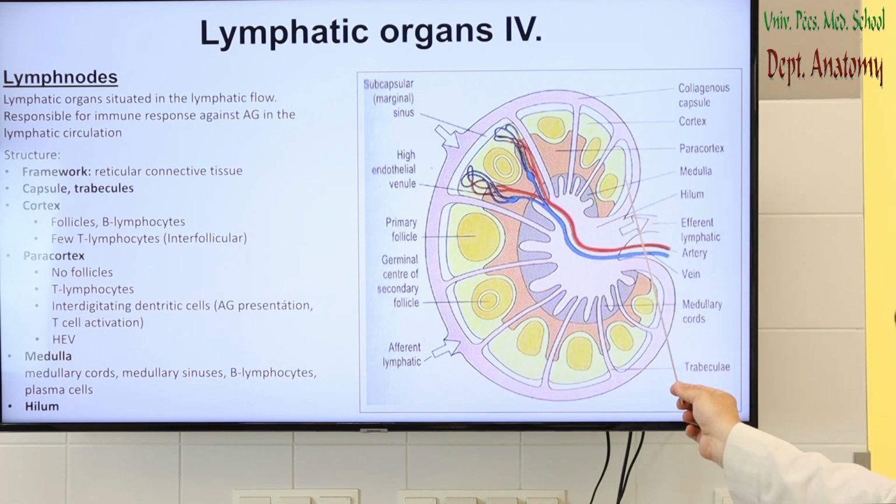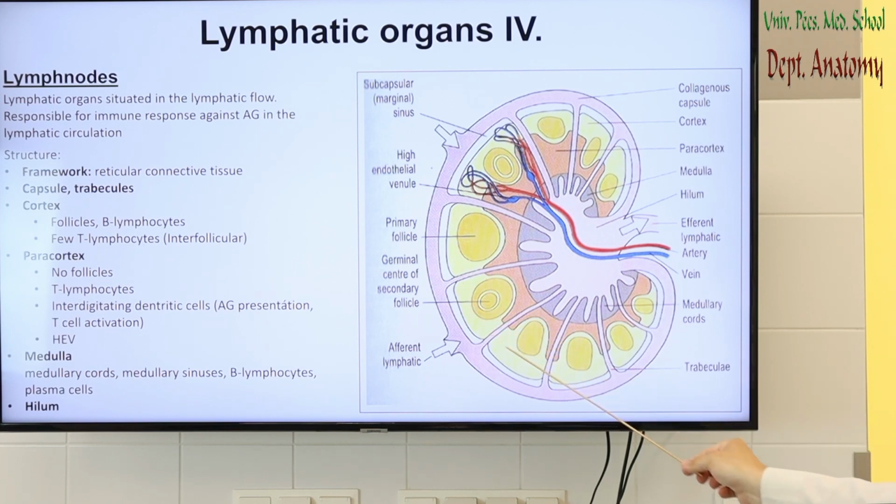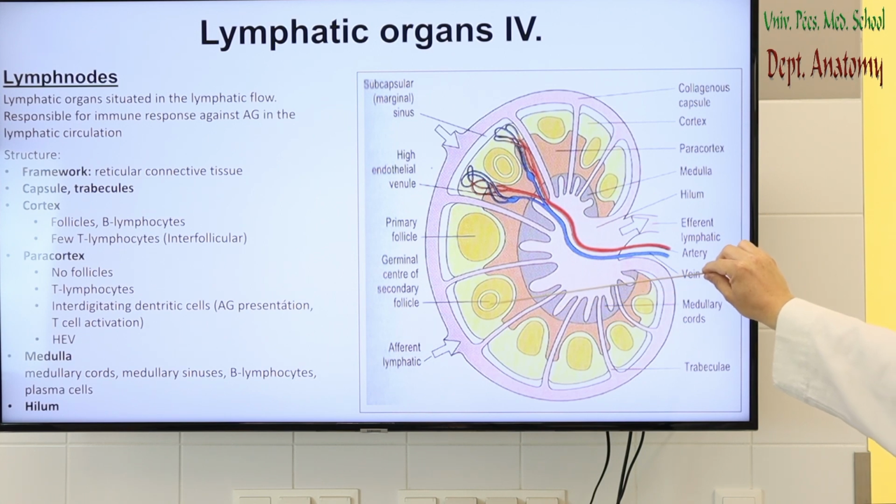After that, it's followed by a cortex. This cortex is marked by this light yellow color. Within the cortex, you can find follicles, which are B lymphocyte containing structures, and between the follicles, in the so-called interfollicular spaces, you can find T lymphocytes.